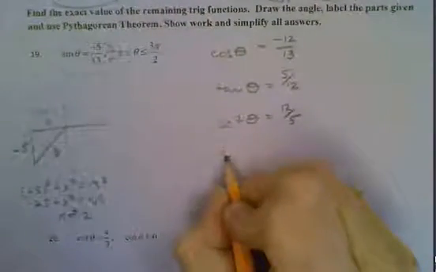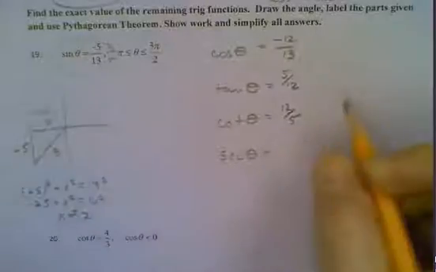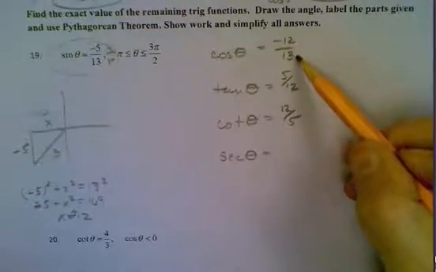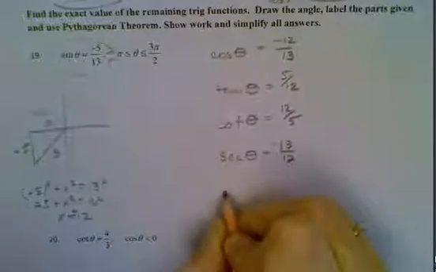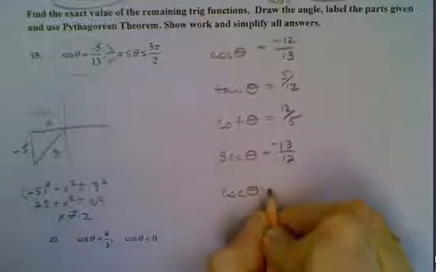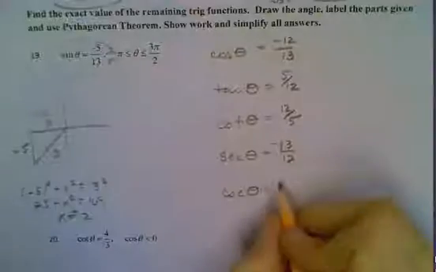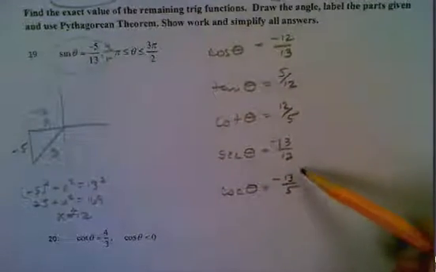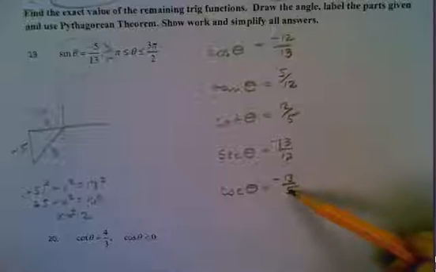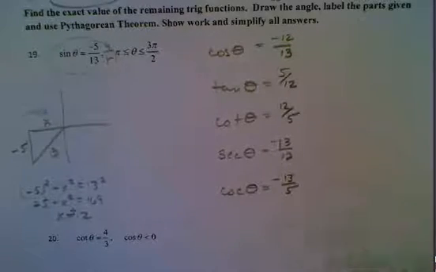The secant is the reciprocal of the cosine. So since my cosine was -12 over 13, it's -13 over 12. And the cosecant is the reciprocal of the sine, which they gave me, so it's -13 over 5. And it really doesn't matter where you put the negative. You could have 13 over -5 or -13 over 5. Same thing.